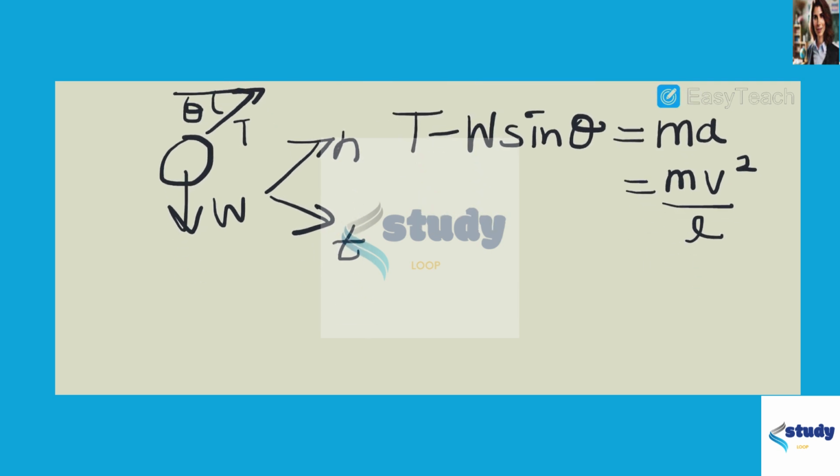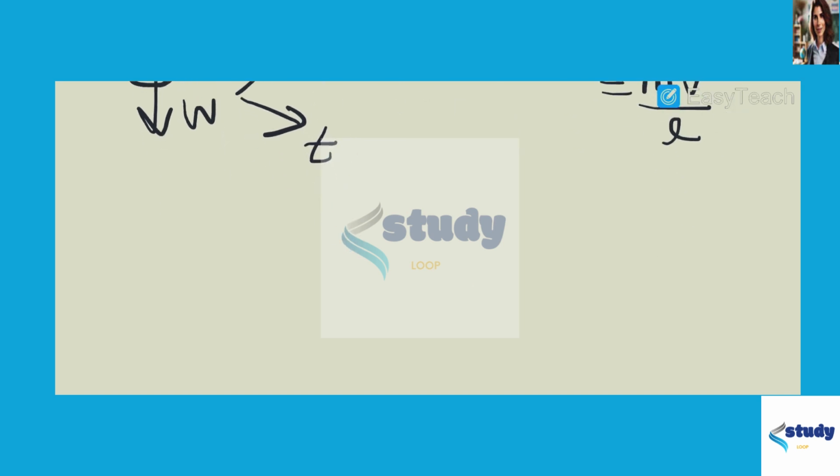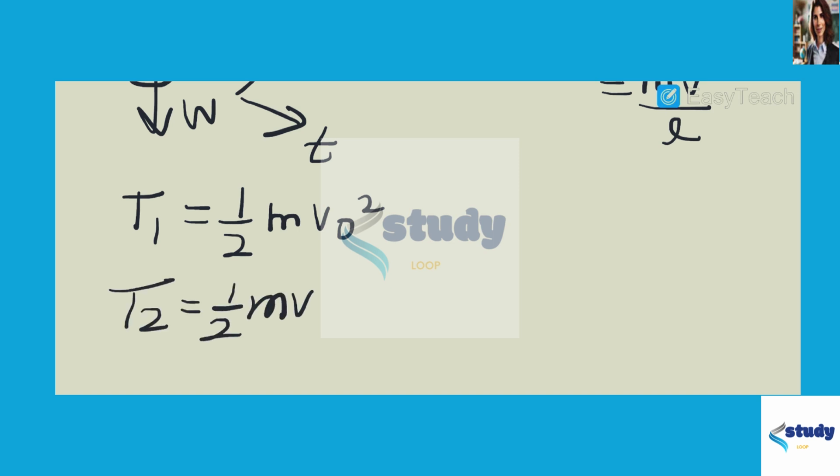And now we're going to invoke our energy principles. So we know that the mass is given some energy when it is thrown at A. So T1 will be 1/2 m v naught squared, and it'll have some velocity when the rope breaks, so T2 is going to equal 1/2 m v final squared. And then we know that the work done throughout this motion is solely due to gravity, and that's going to be equal to mgh.